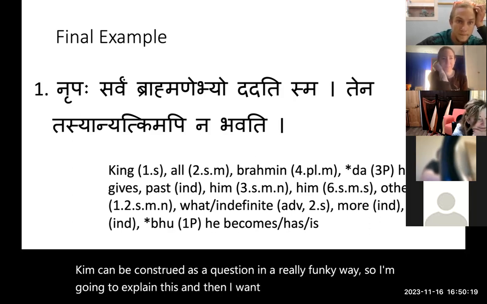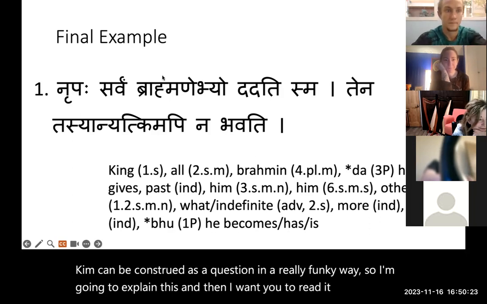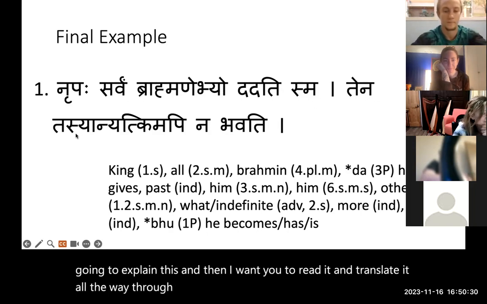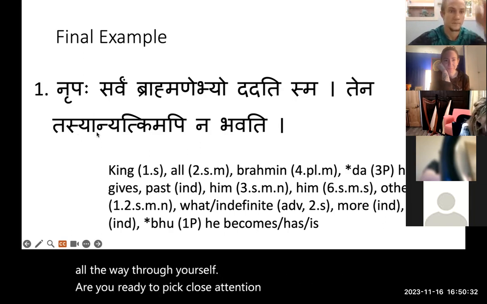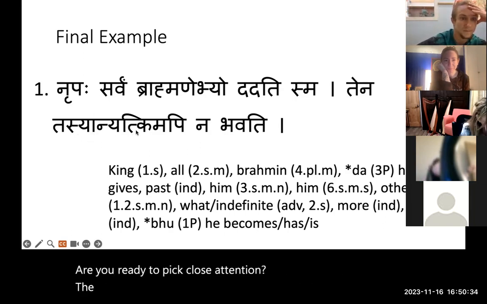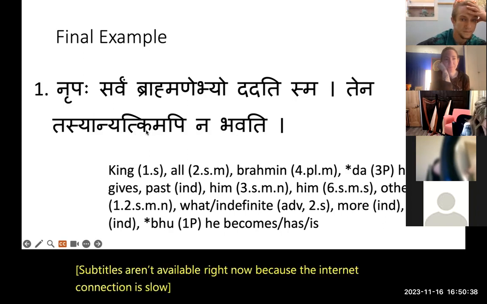So pay close attention. The king gave everything to the Brahmins. Therefore, tena, tasya, of him, anyat, nothing exists. Kimapi is a way of stating negation.